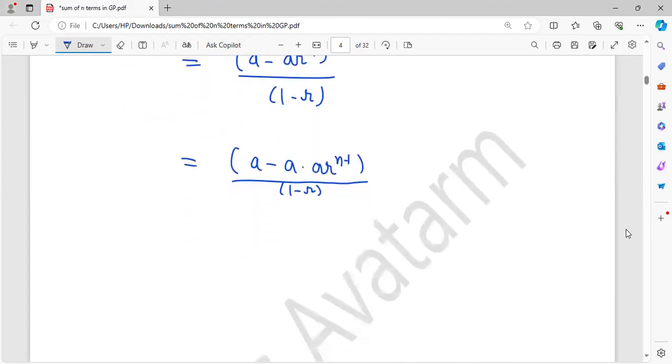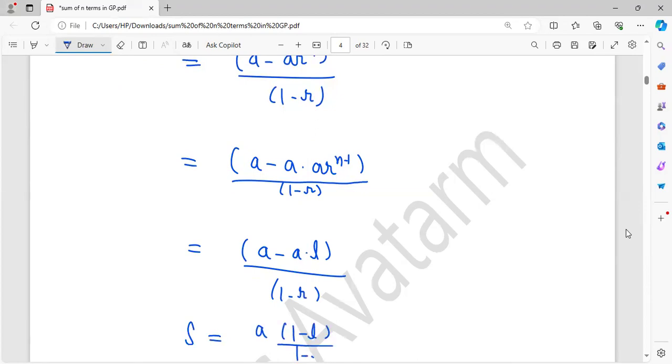This a r to the power n is nothing but L. So S is equal to a, taking common, 1 minus L upon 1 minus r.